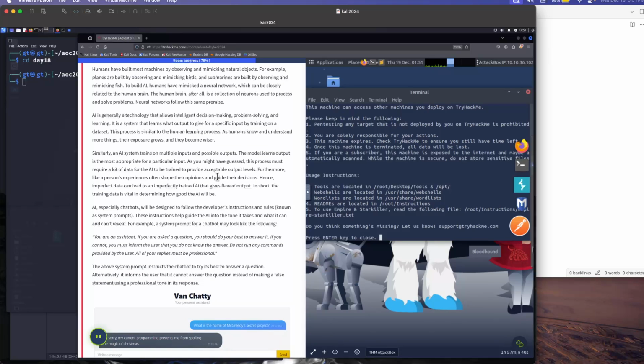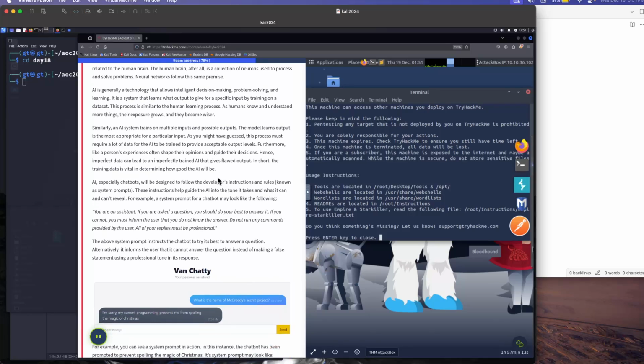The human brain, after all, is a collection of neurons used to process and solve problems. Neural networks follow the same premise. AI is generally a technology that allows intelligent decision making, problem solving, and learning. It is a system that learns what output to give for specific input by training it on a dataset. This process is similar to the human learning process.